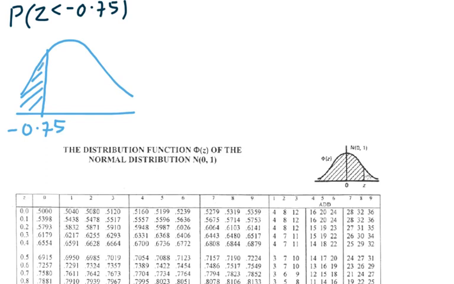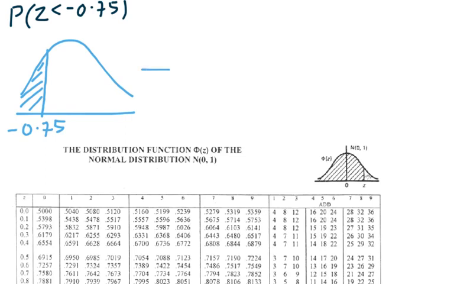Now since our z value is negative, and in the table we don't have any negative z score, only positive, to use our table to find the probability we need to flip from the negative value of z to the positive value of z.